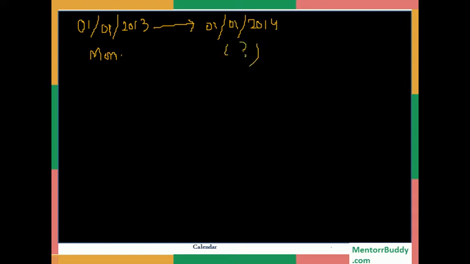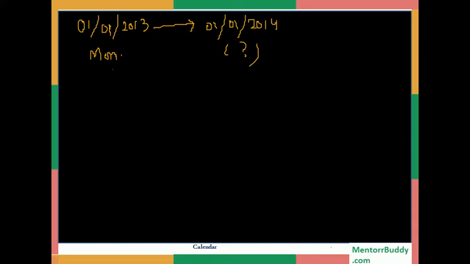So according to this logic, let's say I'm taking one date, that is 1st of January 2013. Let's say at this date it was Monday, right? Now the question is, what is going to be the day on 1st of January 2014? Here 2013 is not a leap year, it is a normal year.